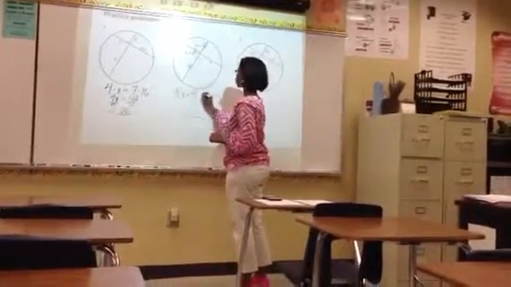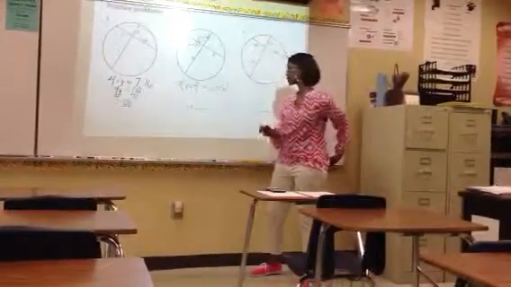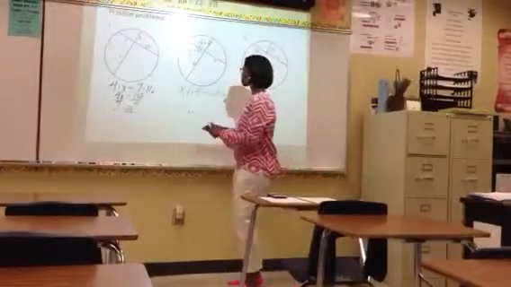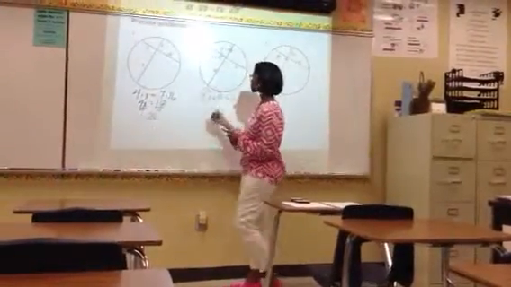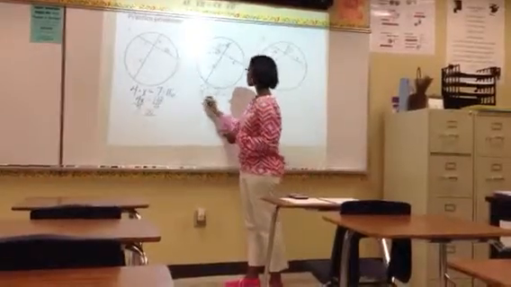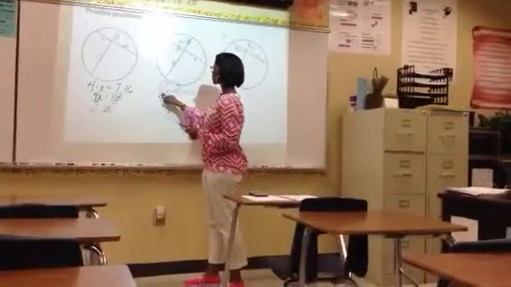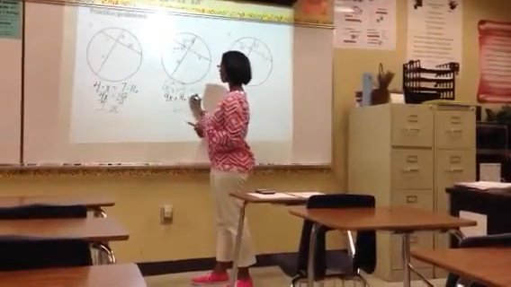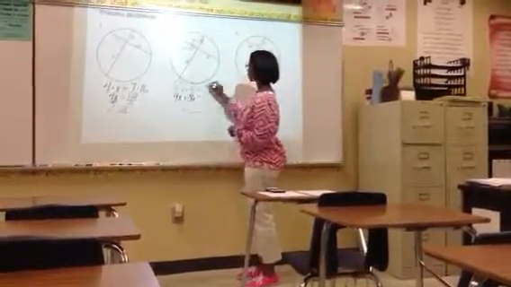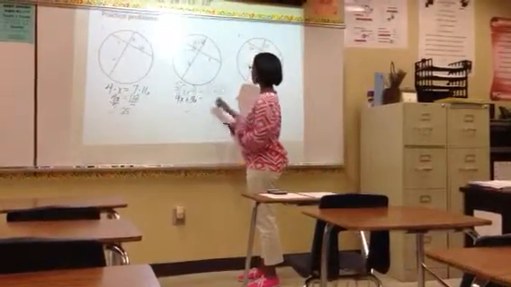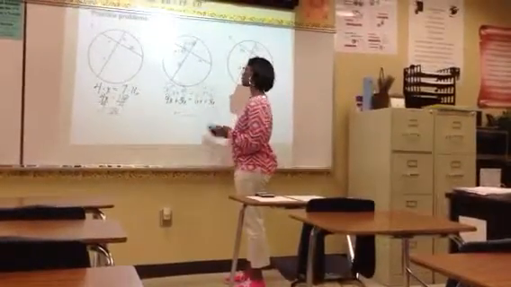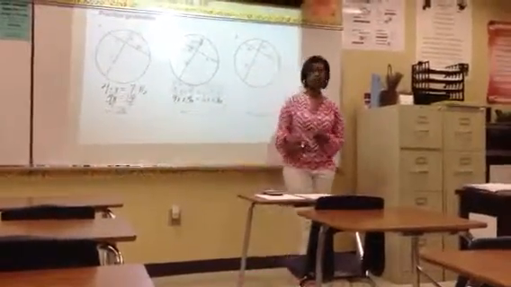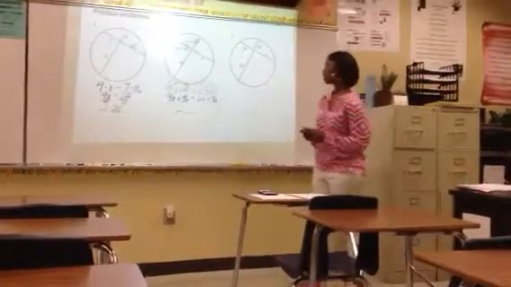We have our equation set up, so all we need to do now is simplify it. We need to distribute 9 with the expression inside the parentheses. 9 times x, 9x, plus 9 times 4, 36. On the other side, let's do the same thing. 6 times x, 6x, plus 6 times 6 is 36. Now, when I see something like this, I prefer to deal with the variable terms first.